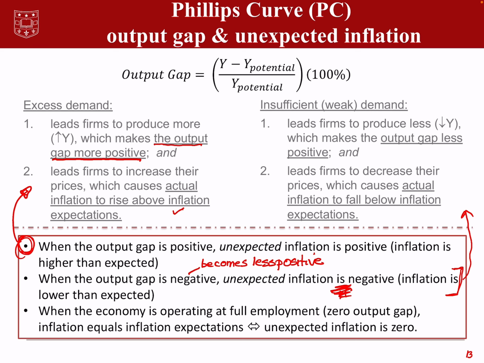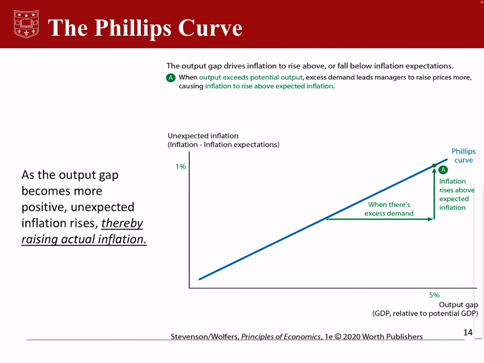So what we're going to do is take all of these words together and put them in a picture. This is a depiction of the Phillips curve. The Phillips curve is named for an economist known as Bill Phillips, who in either the late 1950s or early 1960s took it upon himself to plot the relationship for UK data from the mid 1800s to the late 1950s on inflation and unemployment.